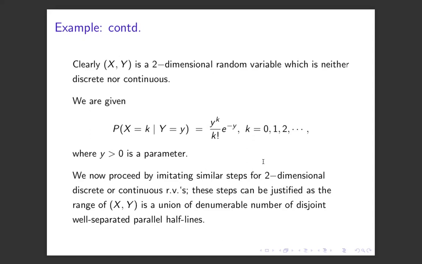So now we proceed by imitating similar steps for two-dimensional discrete or continuous random variables. These things can be justified easily because the range is a nice set, a set that one can easily handle.